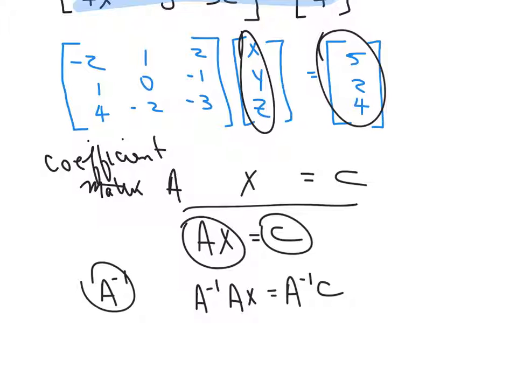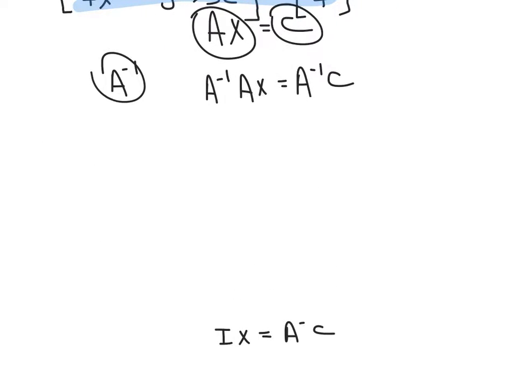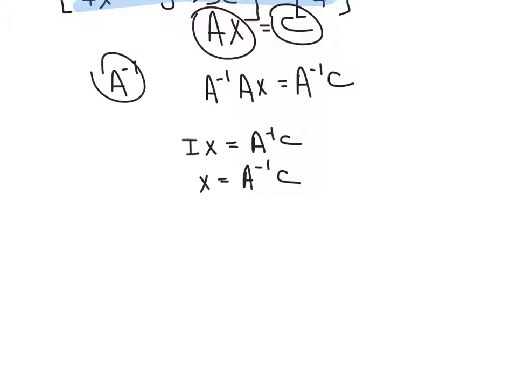And because the inverse of A times A equals the identity matrix, we now get this. And because we have the identity matrix I times X equals A to the -1 C, that actually equals X equals the inverse of A times C. Okay, so what does that mean?